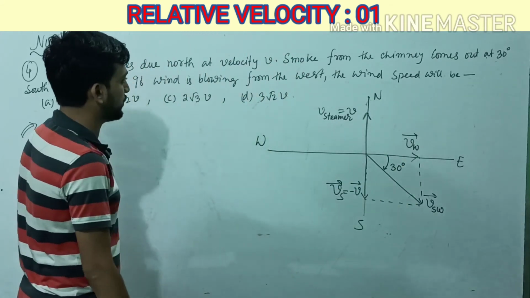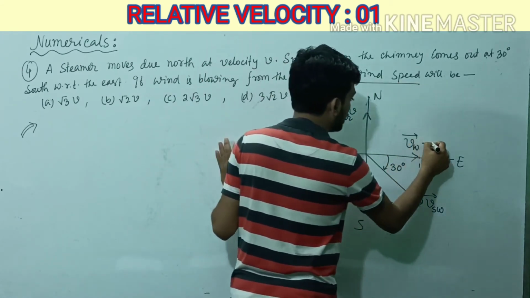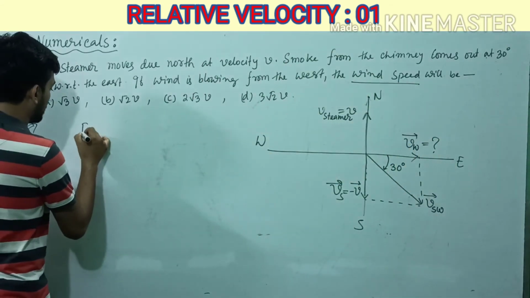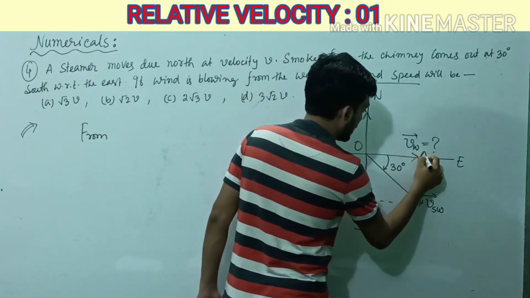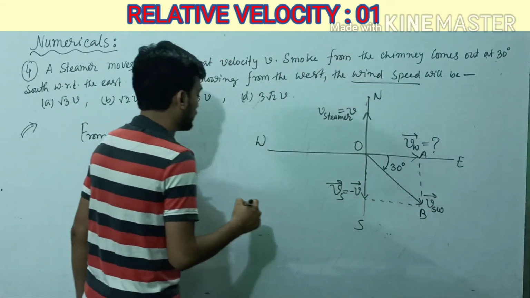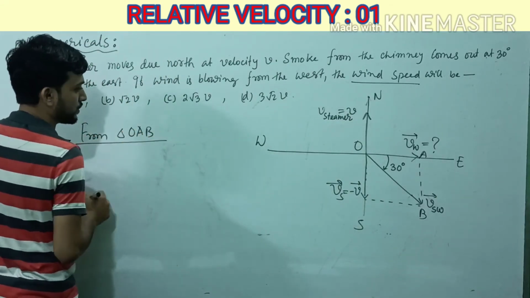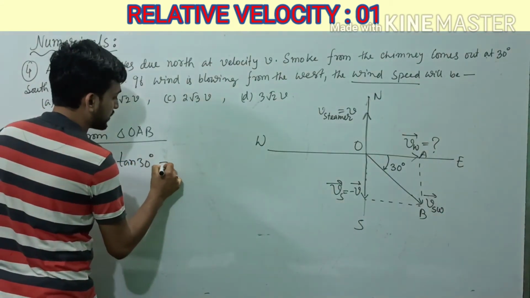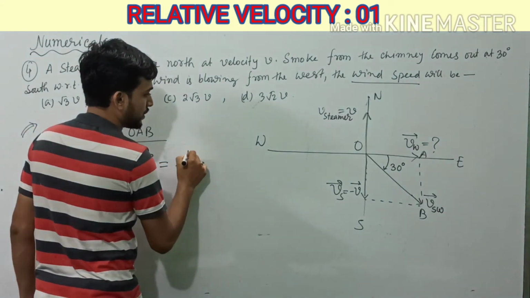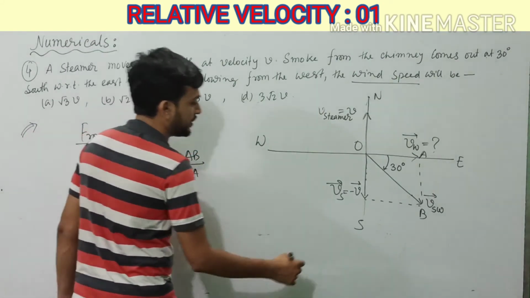Now we need to find what? We need to find wind speed, means VW is question mark. From triangle OAB, tan 30 degrees, what? Tan 30 is equal to AB by OA. What is AB?